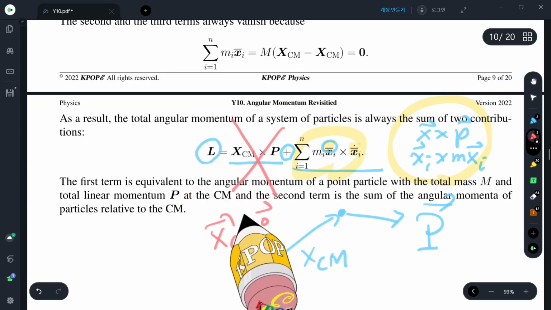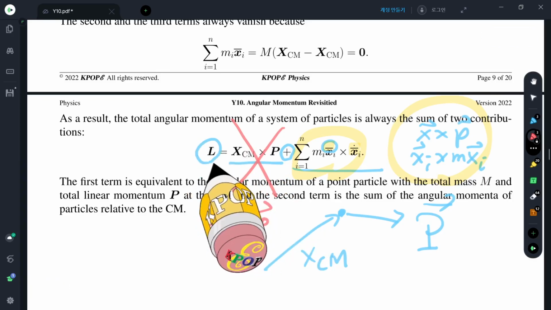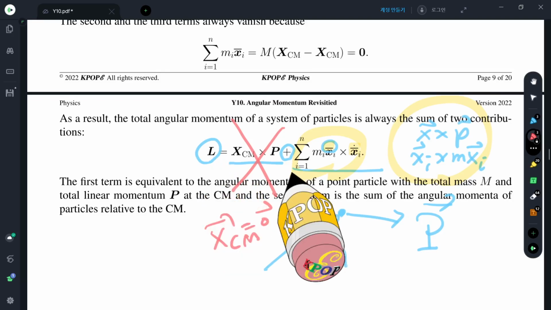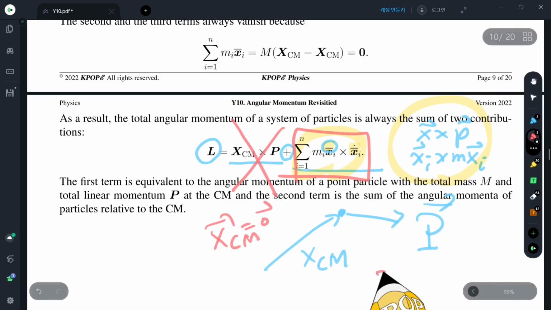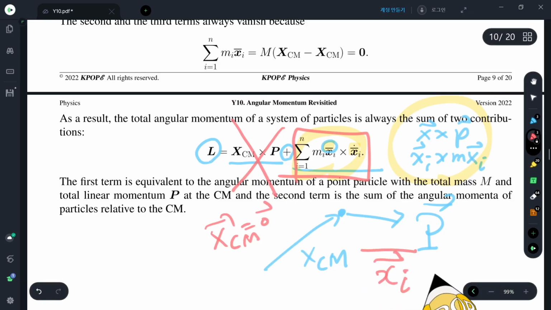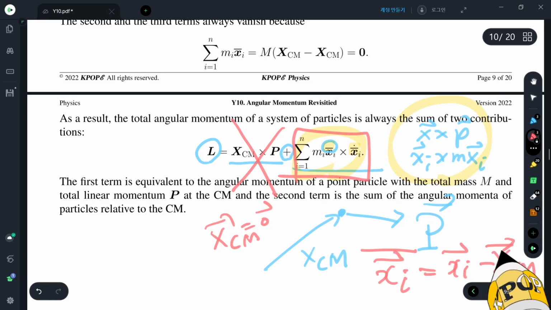So at the center of mass frame, the total angular momentum reduces into this form, and x bar vector i is x_i vector subtracted by the center of mass position vector.